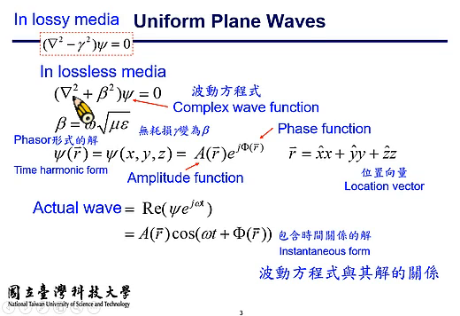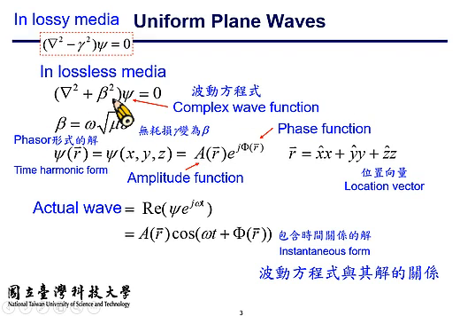Okay, so if you substitute gamma squared with minus beta squared, you end up with del squared phi plus beta squared times phi equal to 0. So that's your wave equation in lossless medium. And it's still a complex wave function.